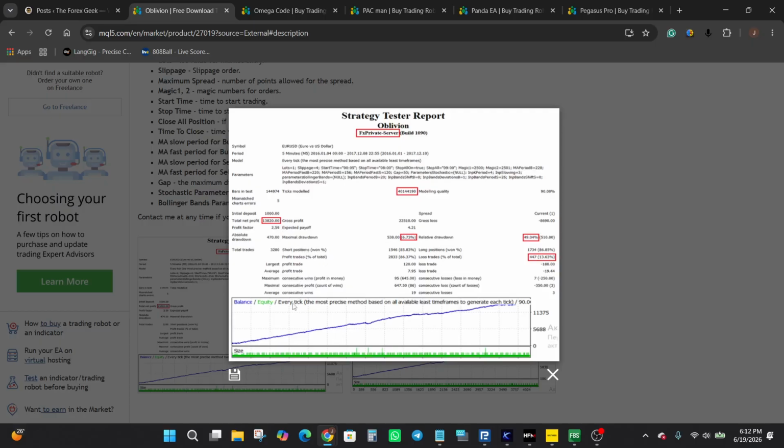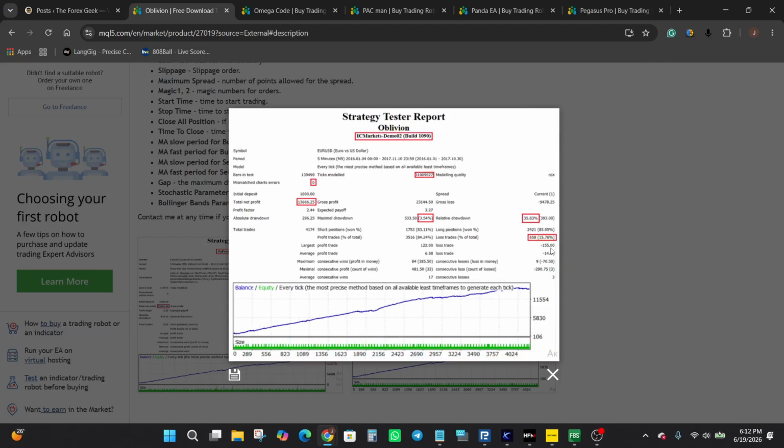And I can see that the total trades taken were 3,280, out of which 2,833 were profitable. That led to an 86.37% win rate. And the balance curve looks pretty smooth. The balance had been growing steadily over time.